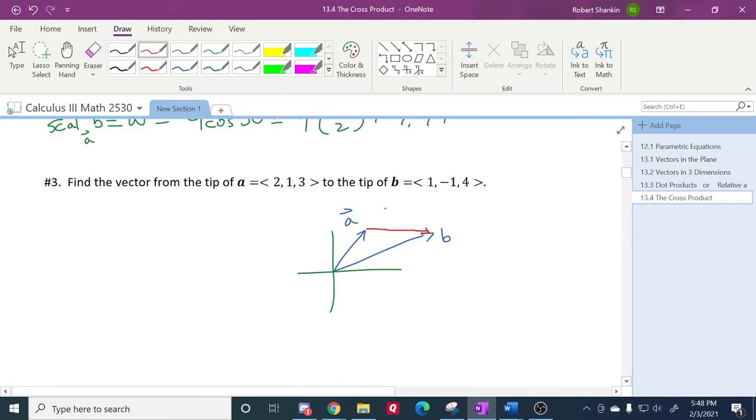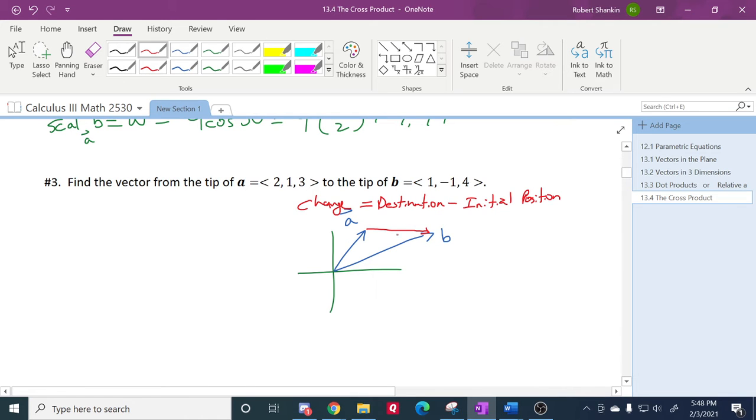But always we find the change as our destination or final position minus initial position. And this is, in fact, the change. What makes you change from A to B is this.